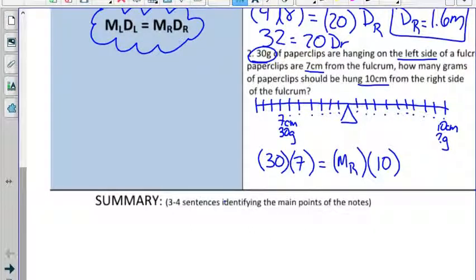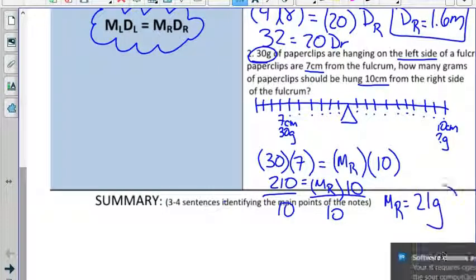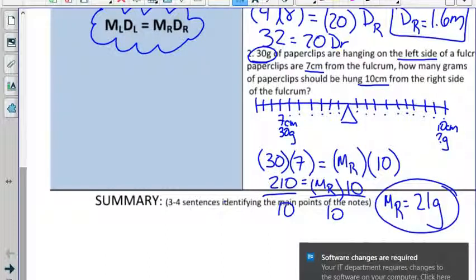We have 30 times 7, which is 210, equals mass on the right times 10. If I divide both sides by 10, 210 divided by 10 gives us a mass on the right of 21 grams of paper clips.